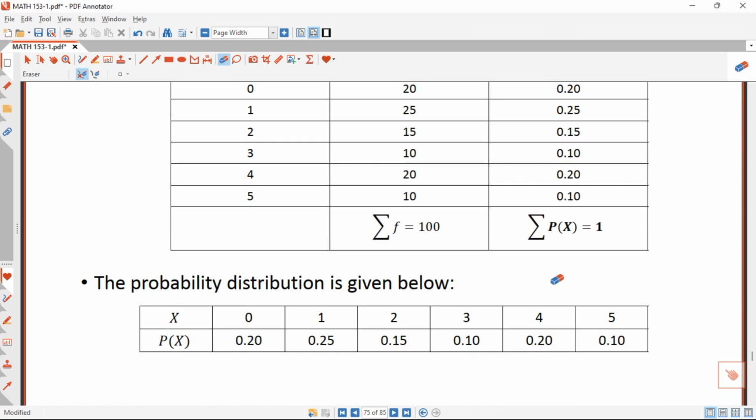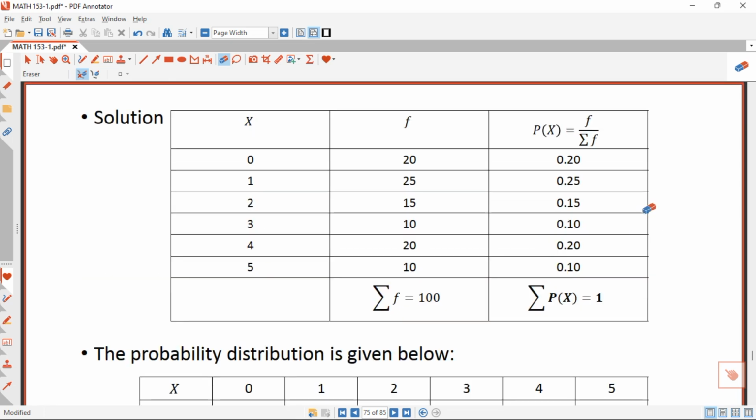So let's go on and check the solution. Here we have x is equal to 0, and we are getting 20 divided by 100, which gives us 0.2. You get it?